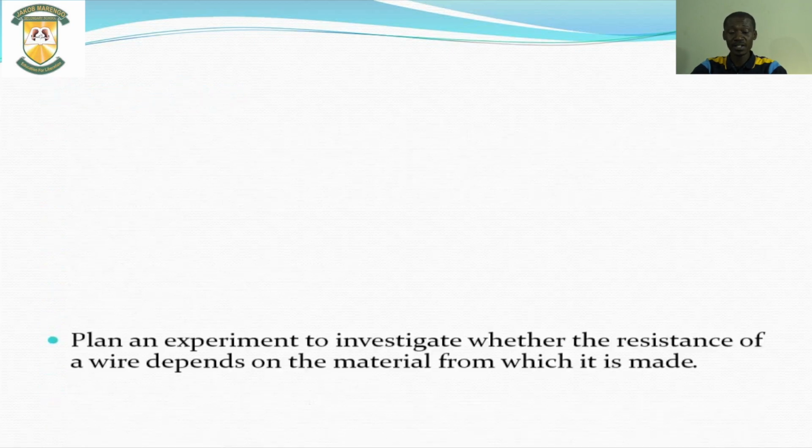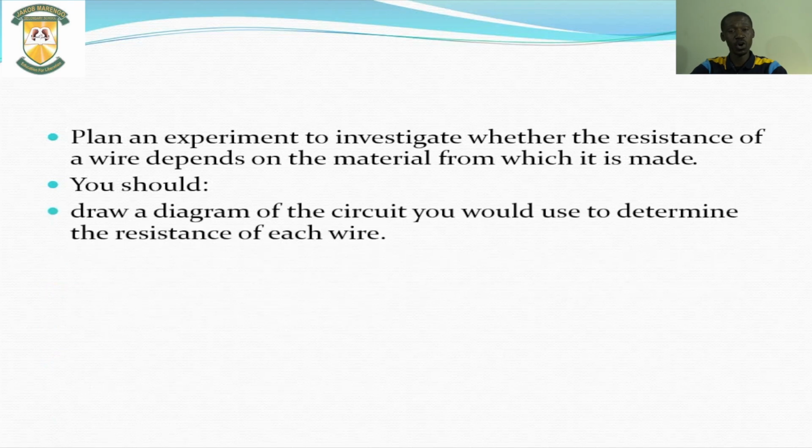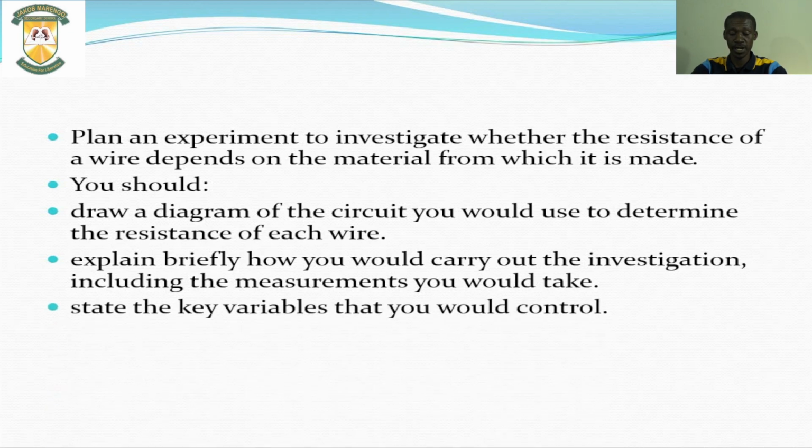Then you were asked to plan an experiment to investigate whether the resistance of a wire depends on the material from which it is made. They expected you to draw a circuit diagram and also to explain briefly how you would carry out the investigation, including the measurements you would take.